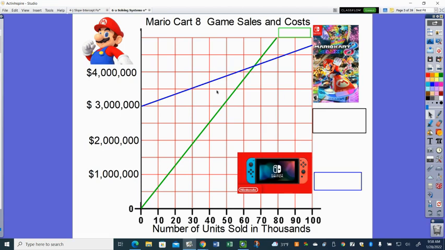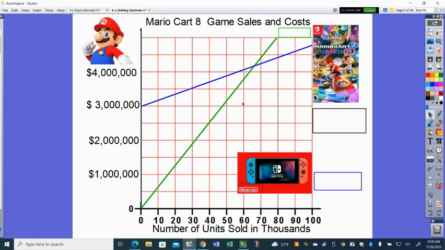So what you have on this graph is the sales and the cost. One of these lines represents the sales, the money coming in, how much money Nintendo is getting from the game. And the other one is the cost, their expenditures, because they're going to be spending money to pay people and to pay for advertising and all of that.